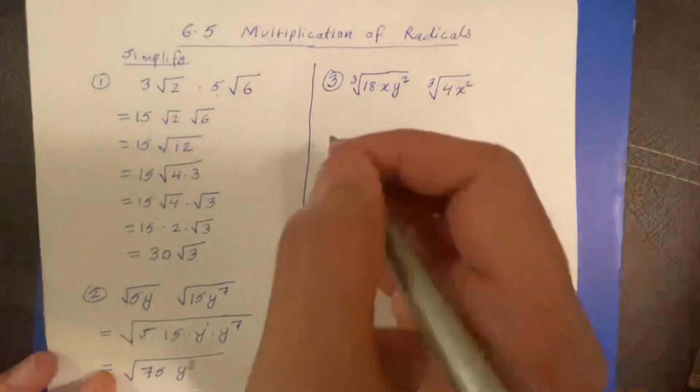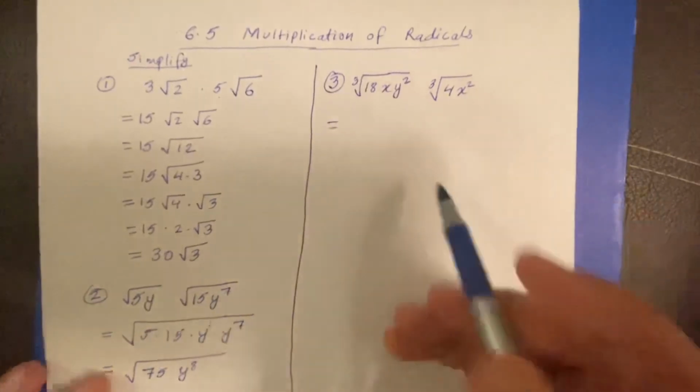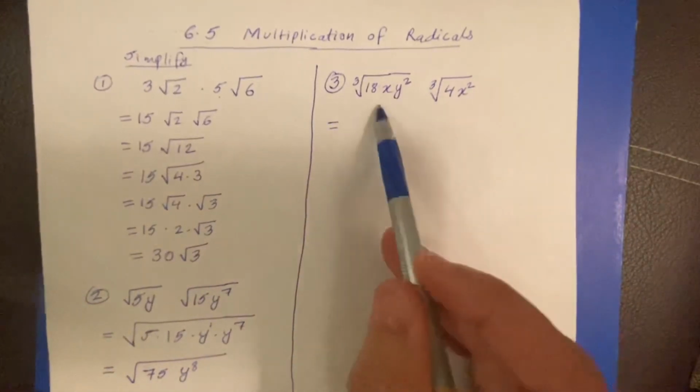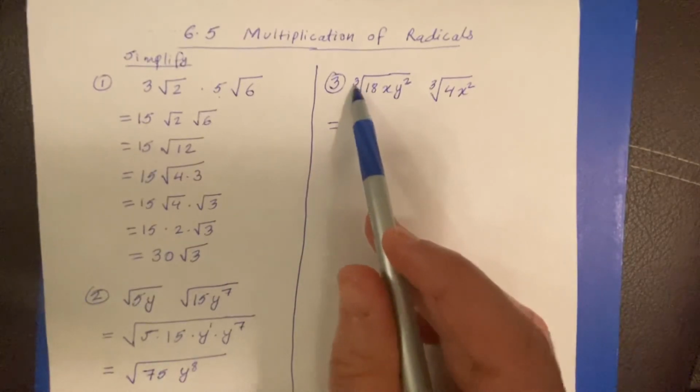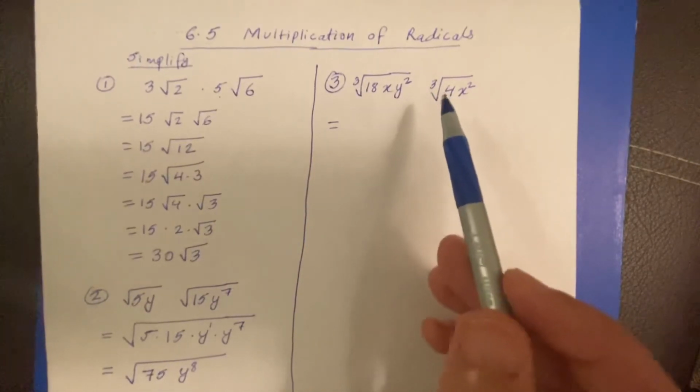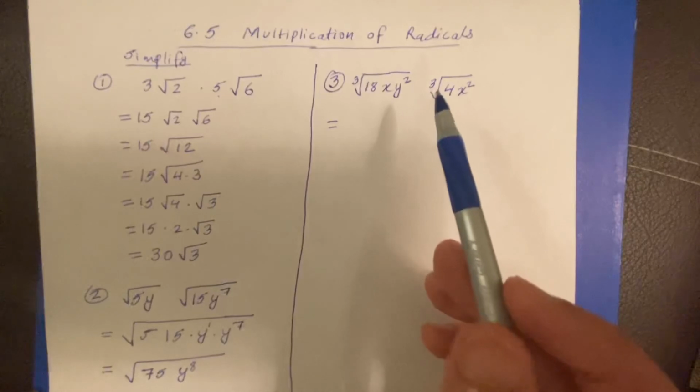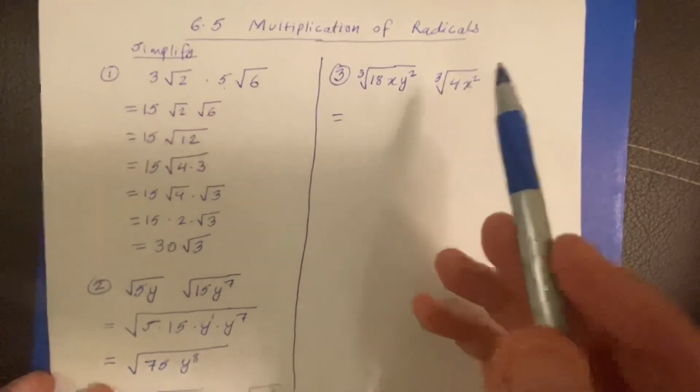All right, so again, these two roots have the same index, 3 and 3. So if we have that, we can now combine these into a single root.